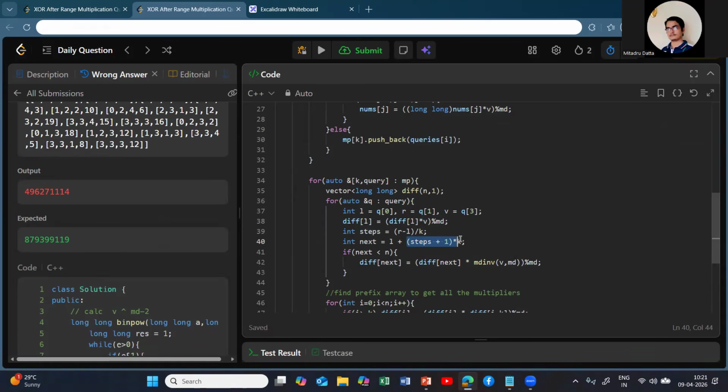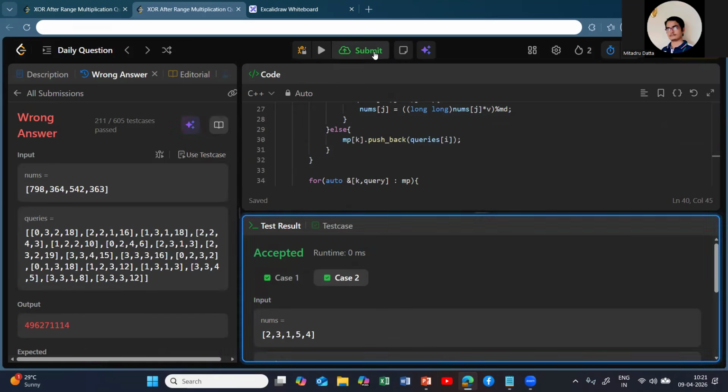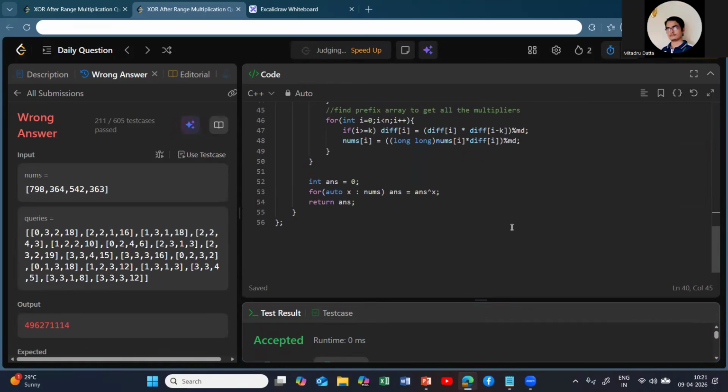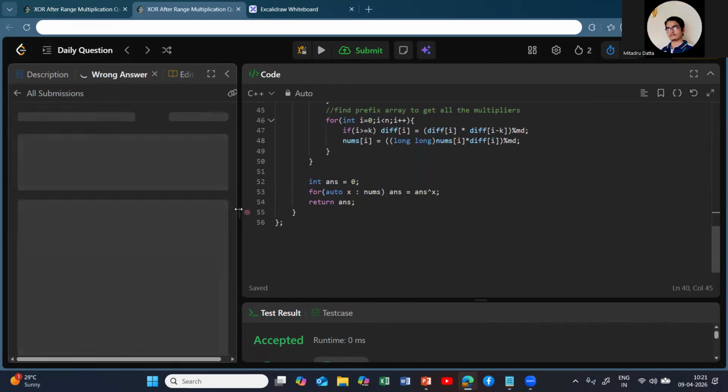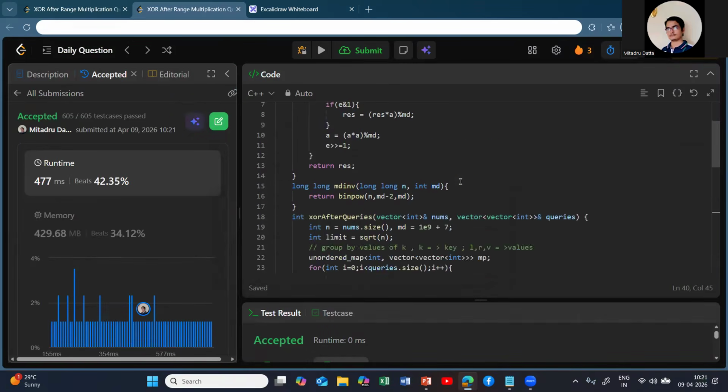You take one more step, but obviously you start from L, take one more step, multiplied by K, the step size. Was this all? I will try to just run for all cases once. Wait a second. Let's see if this was the only error. Yeah, see, now we get the accepted thing.